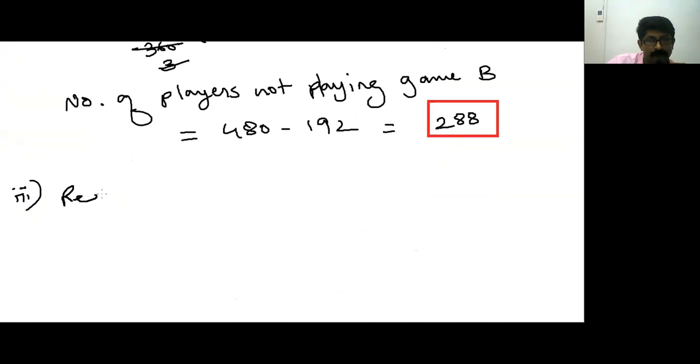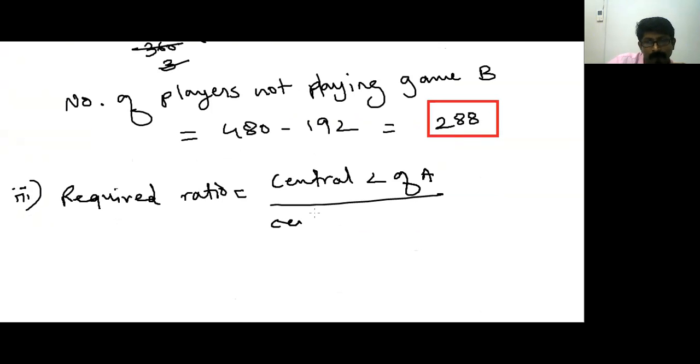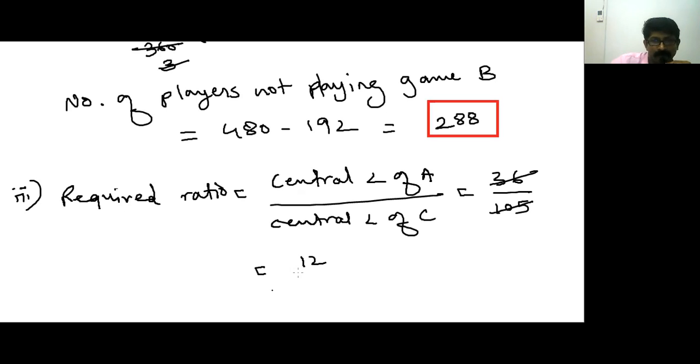Required ratio is central angle of A divided by central angle of C. So that would be 36 divided by 105, and then that can be simplified as 12 is to 35. Like 3 12s are 36 and 3 35s are 105. That's it. So that's the ratio.